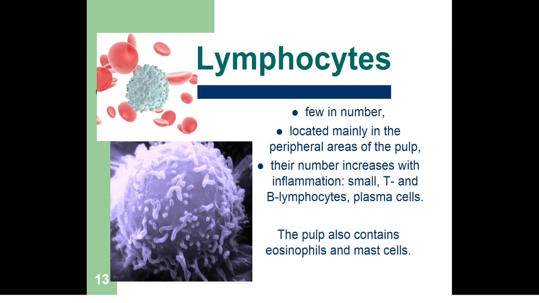Lymphocytes. A few in number, located mainly in the peripheral areas of the pulp, their number increases with inflammation. Small T and B lymphocytes, plasma cells. The pulp also contains eosinophils and mast cells.